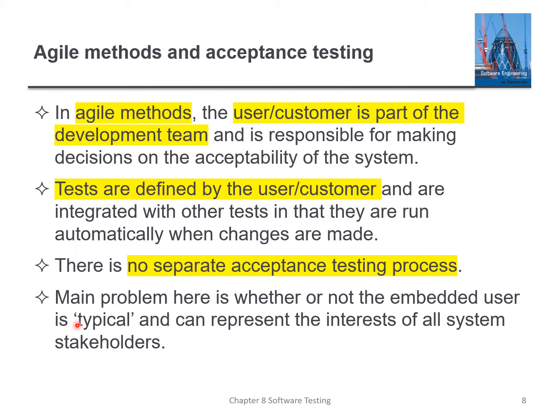But the issue with this kind of approach is whether the user involved during each iteration is the suitable one, the typical user that will be using the system. Okay, that's the issue.